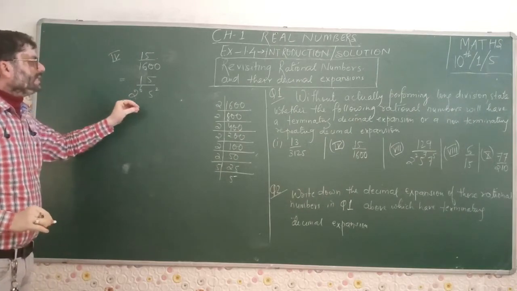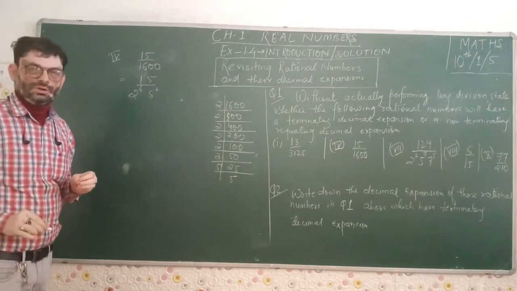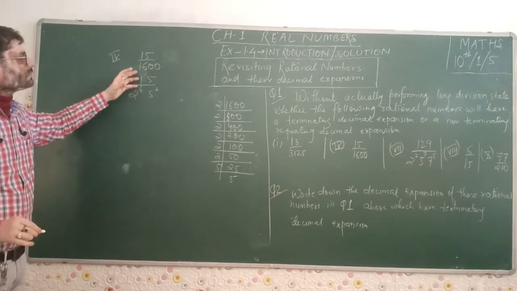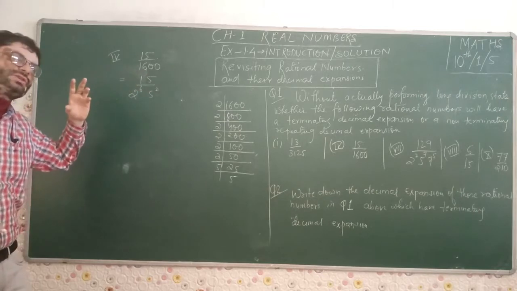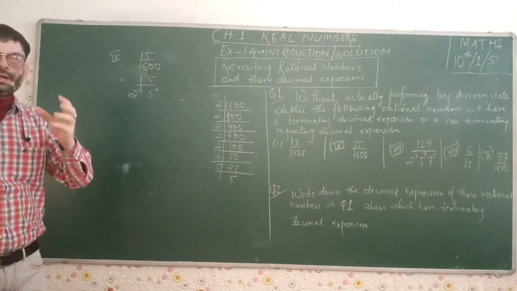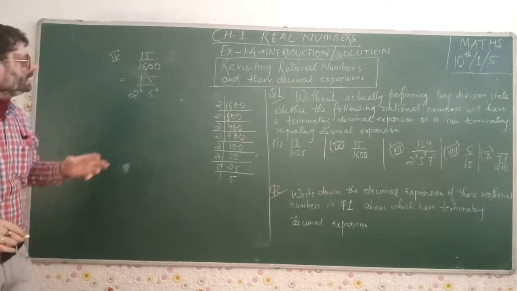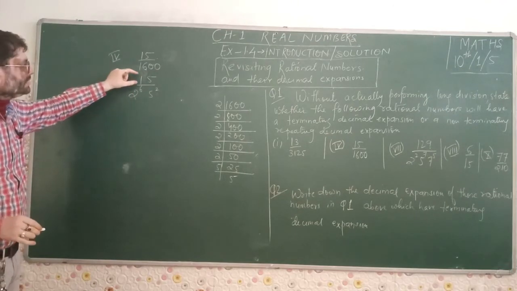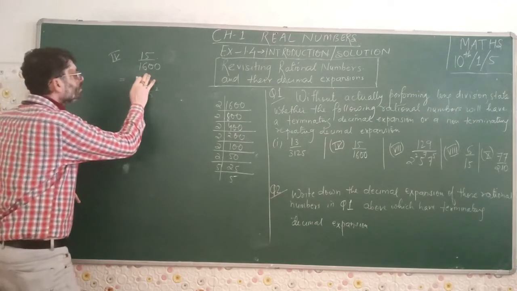Before checking whether it's a terminating decimal expansion or a non-terminating decimal expansion, first of all we will have to simplify it. If there is any cancellation in the numerator and the denominator part, we will have to cancel it, converting the p and q into co-prime forms. Here, these are not in co-prime form. You can see 15 can be written as 3 into 5.